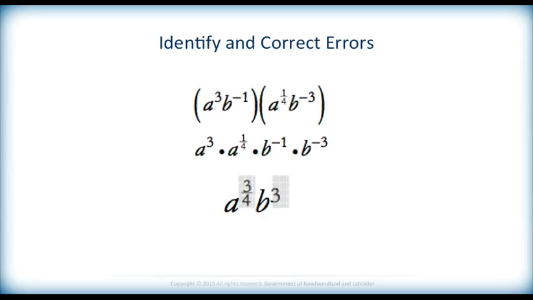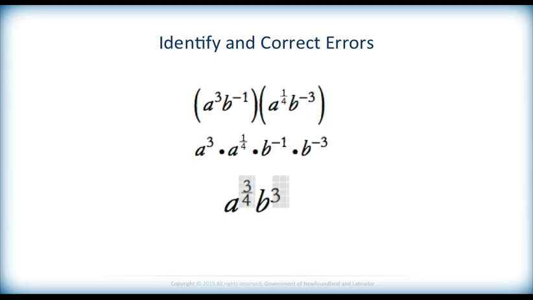Using the laws of exponents, identifying and correcting the errors are very popular questions. Here we will have to decide what law to use, where the student went wrong in their solution, and fix their mistake. If we look at this question, we will realize that a and b are the same bases in both brackets. Since we have this, we can group a and a together. They have different exponents, but everything is being multiplied.